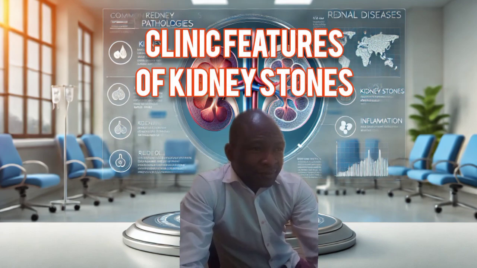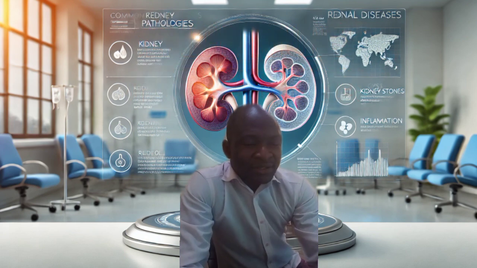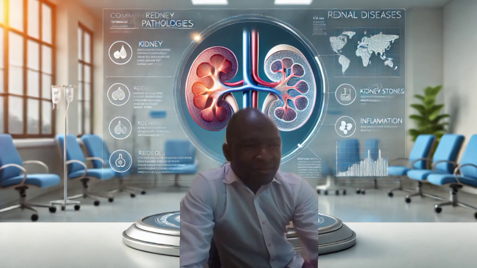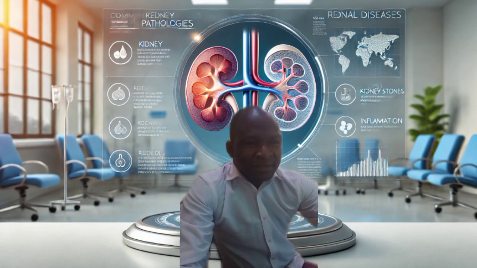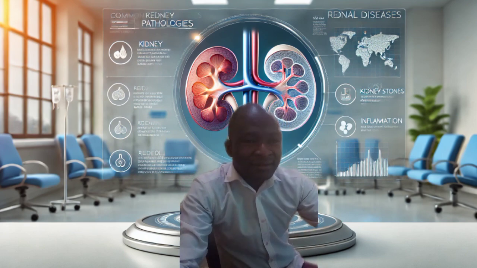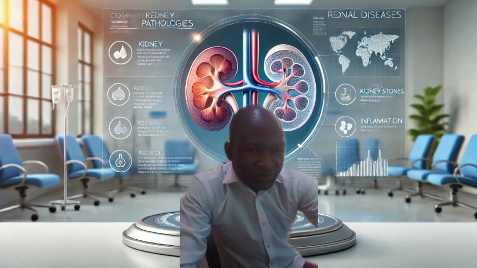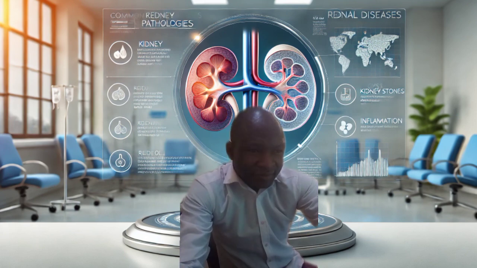Clinical features for urolithiasis or urinary stone include: patients may be clinically asymptomatic. The patient may be with flank pain, hematuria, that is blood in the urine when you look at it microscopically or grossly.